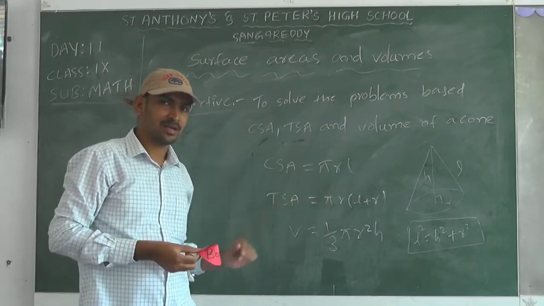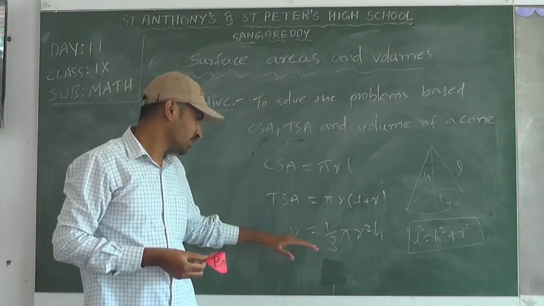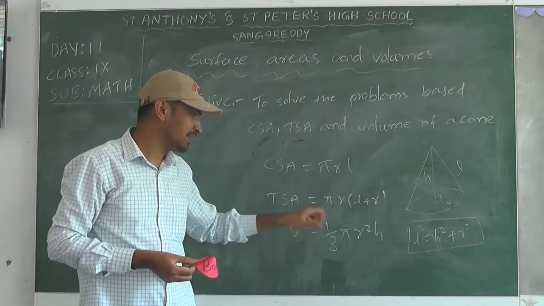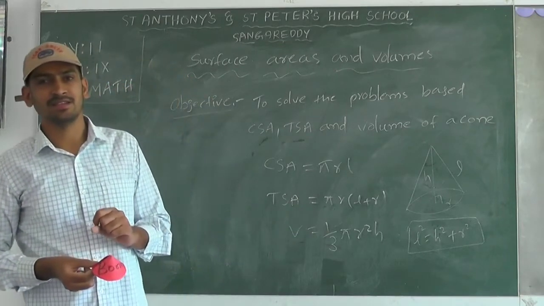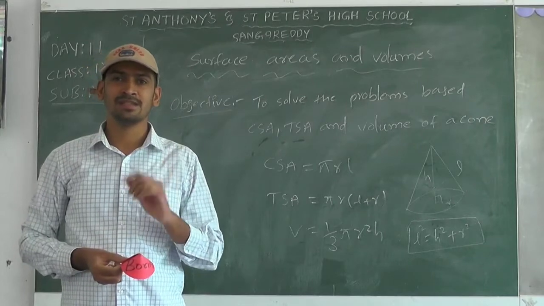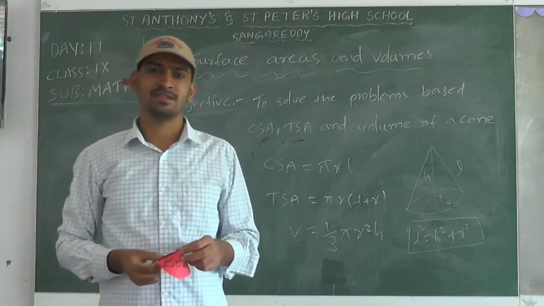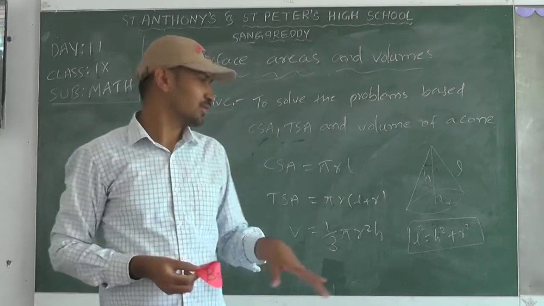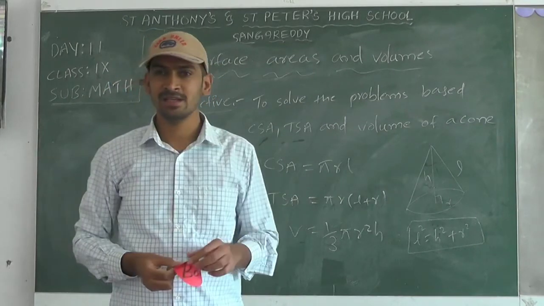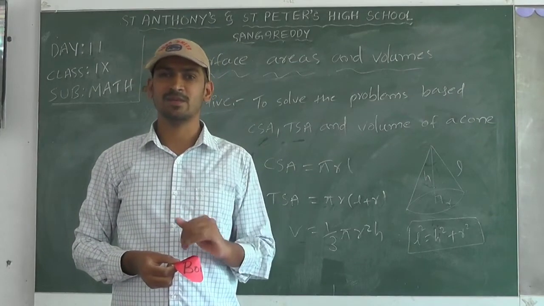Taking pi r common, we get pi r of L plus r. Next, volume of the cone is 1 by 3 pi r square h. We already know this is 1 by third of the volume of the cylinder, since the volume of the cylinder is pi r square h. Cone and cylinder have the same base and the same height.